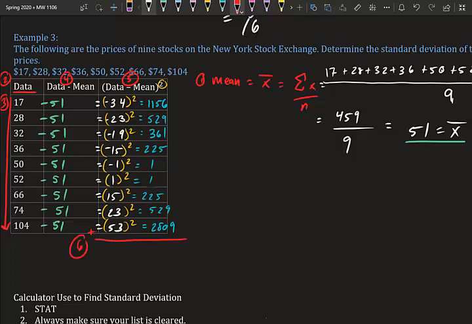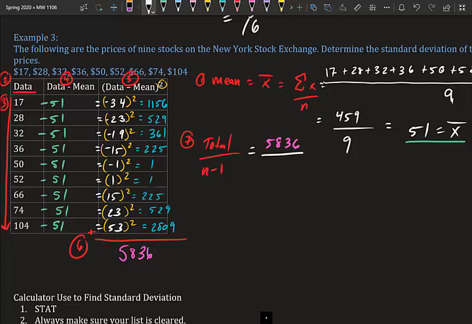So when we add up all of those numbers, we get 5,836. All right, so seventh step is to take our total. So it's total over n minus 1. The total was 5,836 over n. N is how many pieces of data we have.